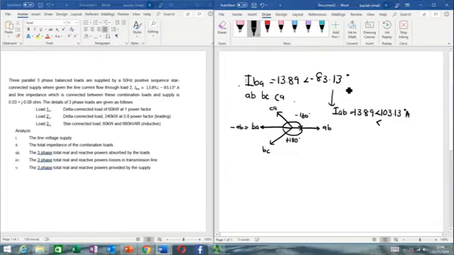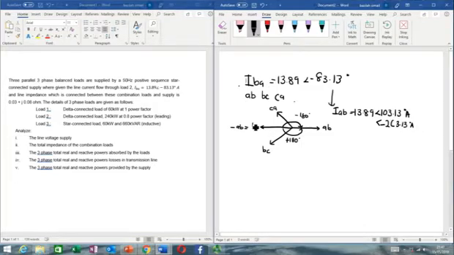Or you can actually minus 180, so the answer will be negative 263.13.